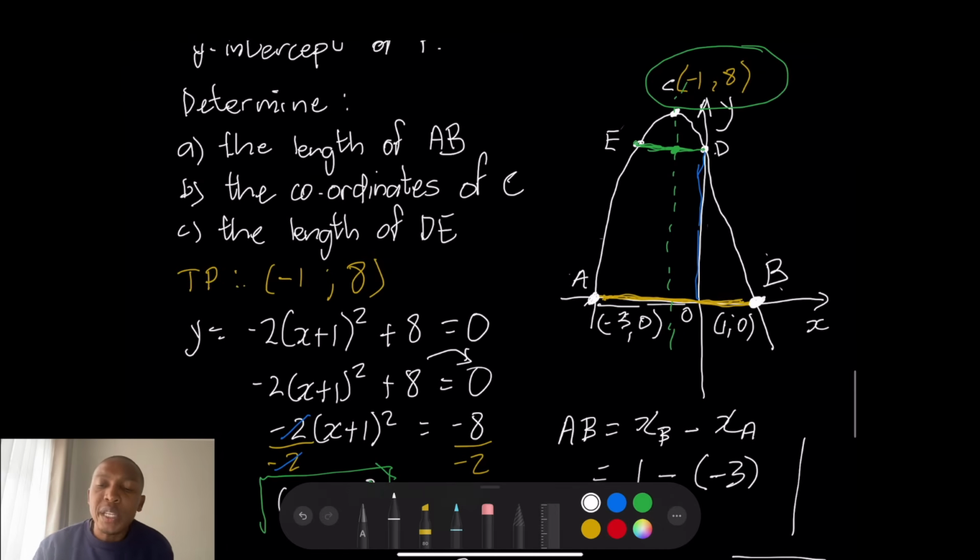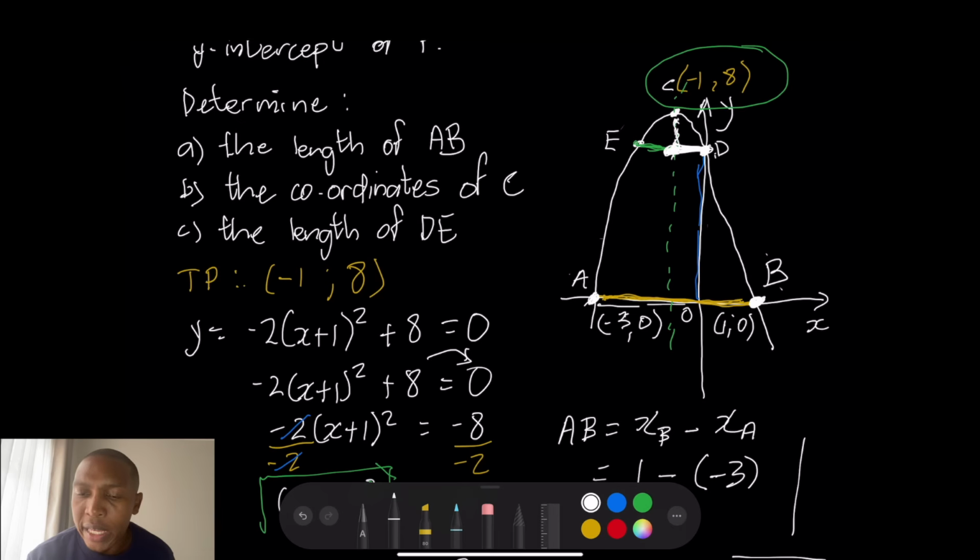Now, I want you to please note something. What is the distance from C, this point here, till D? Note it is a vertical line. My distance between those two is 1. How do I know that? D is at x is equal to 0. And this is the line of the turning point. This is the axis of symmetry.